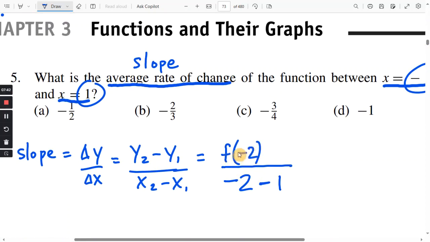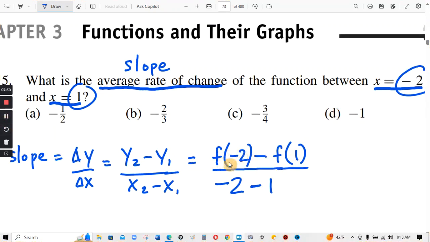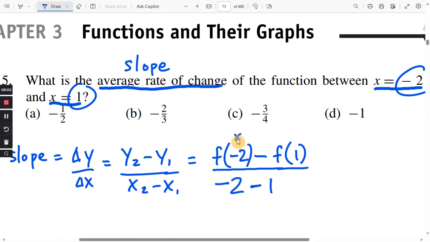This is the y coordinate at x equals -2. And the y coordinate at 1 is going to be f of 1. We need to go to the graph to find out these values. First, let's find f of -2. We're supposed to go to x equals -2 and find the y coordinate.